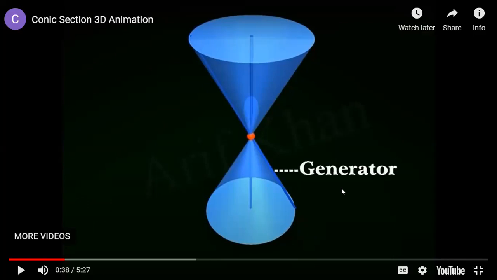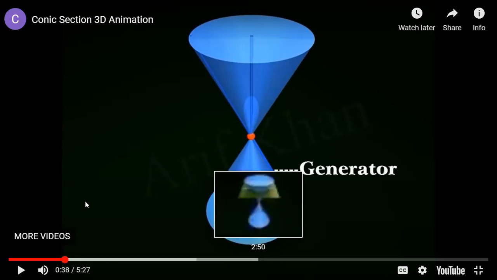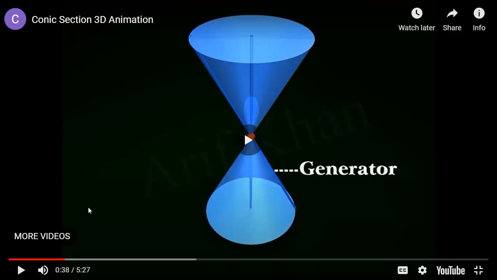This orange dot is vertex, and this line is generator.